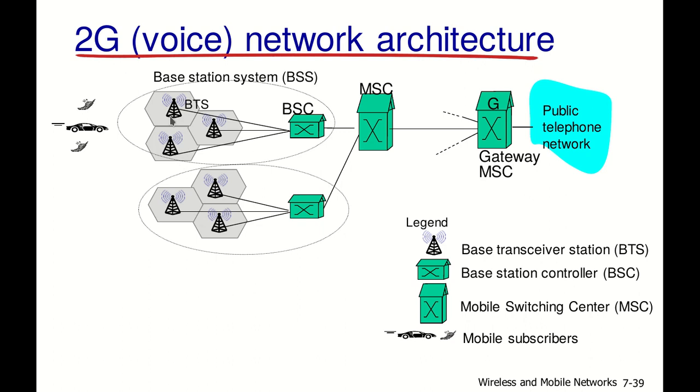That's the last mile for the user or the mobile subscribers. And then several base stations are connected to the BSC, or base station controller. And then several BSCs are connected to the MSC, or mobile switching center. And then these MSCs are connected to the gateway MSC.